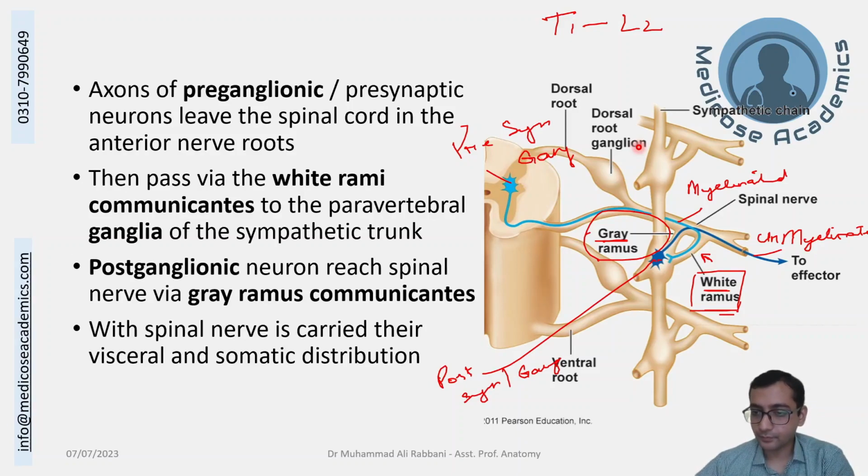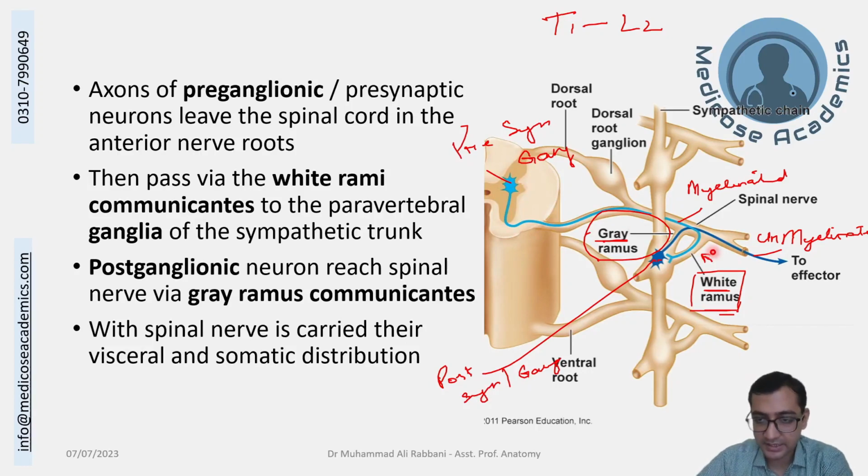So this is about the simplistic route. Now, one thing I want to tell you here, this point of information can give you points in MCQs also. You will have an MCQ about where the presynaptic ganglion are present: T1 to L2. Where are they present in? Lateral horn. What is the type of fiber? Myelinated. How do they go to the sympathetic chain? Through white ramus communicantes, then starts with gray ramus. Gray ramus is unmyelinated.